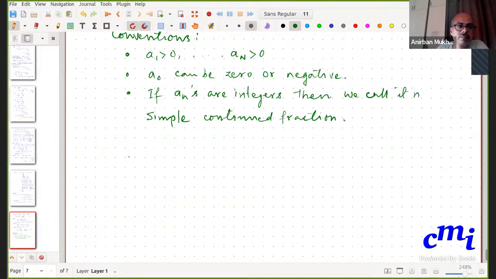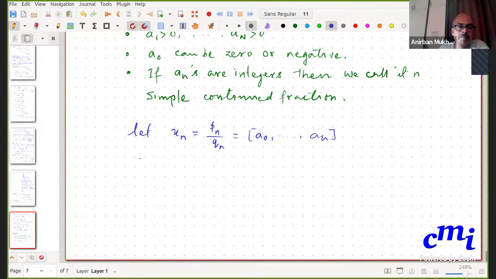Just for a bit of convenience, we would also denote this. Let x_n be the nth convergent, which is p_n by q_n. We have shown this equality as well, so this is up to a_n, and this is defined to be x_n.